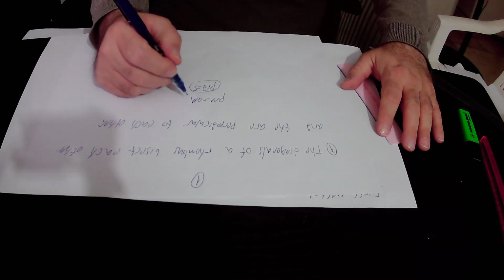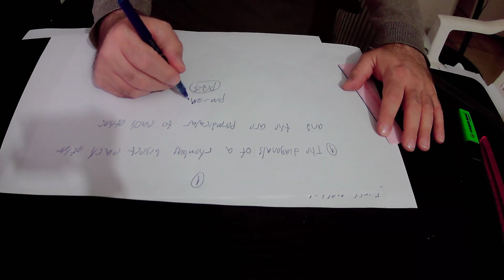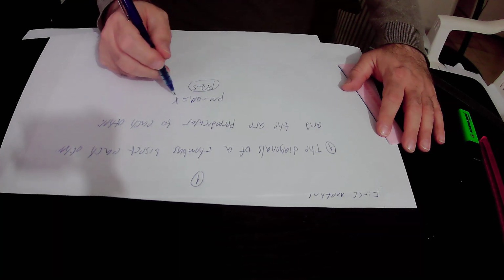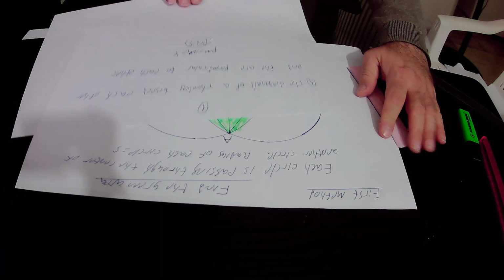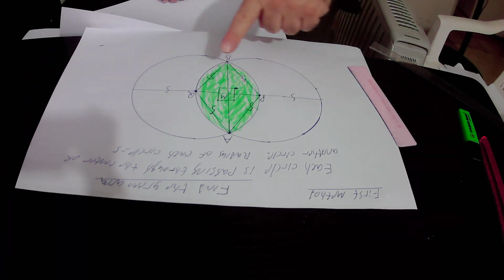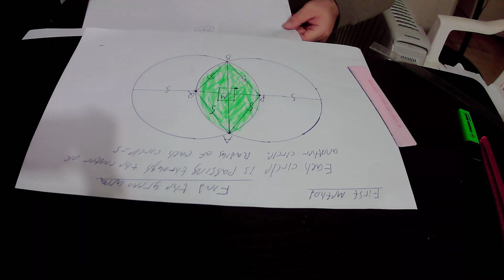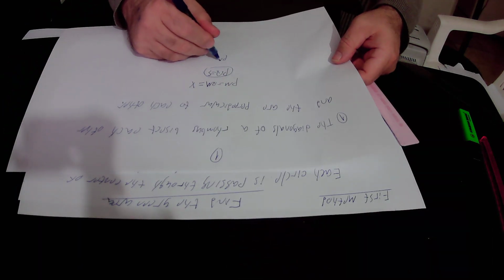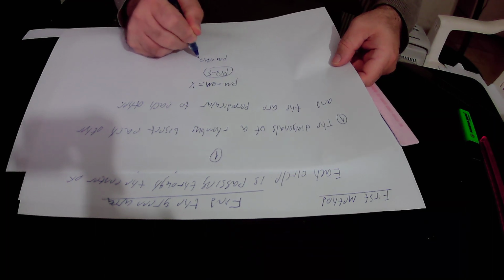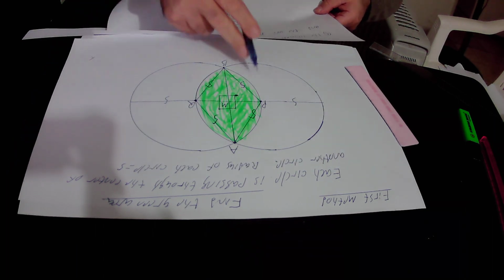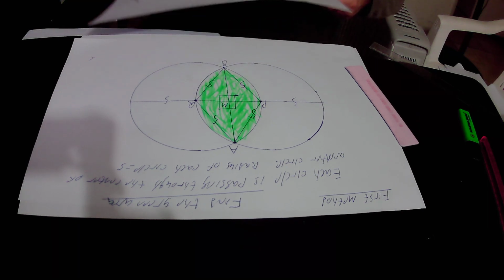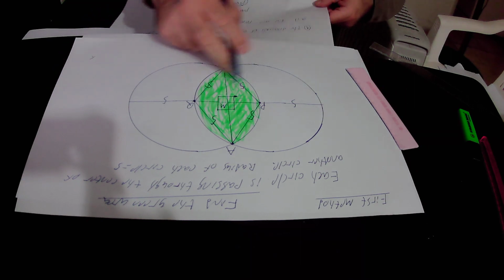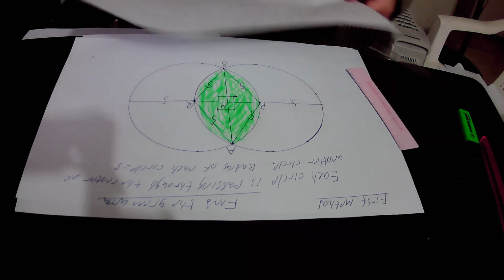And we also know that PM equals QM, so if we define QM as X, then PM will also equal X. And we also know that PM plus MQ equals PQ, and PQ is the radius, so it equals 5 units.